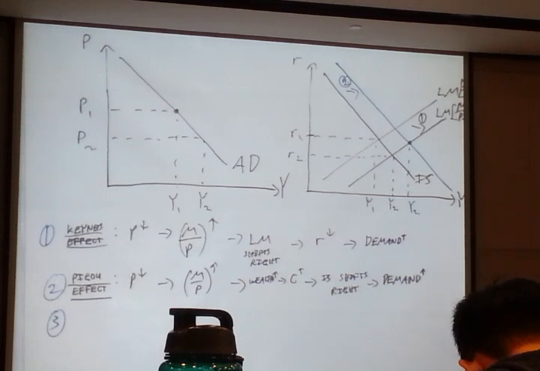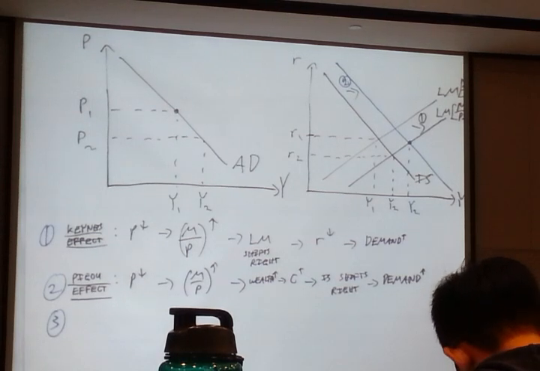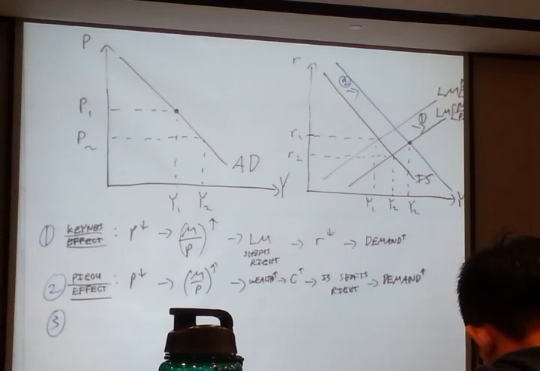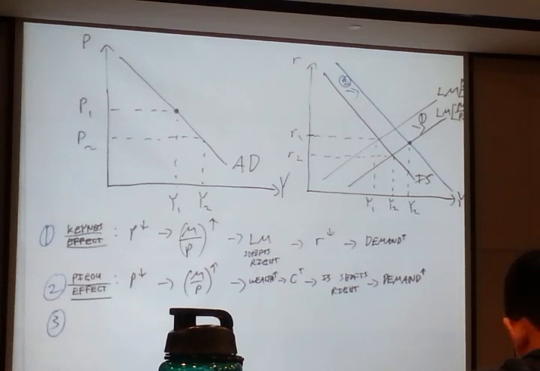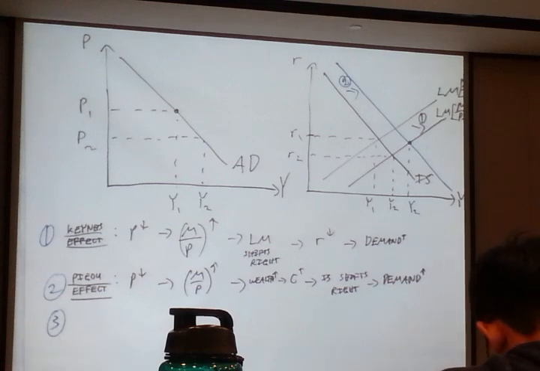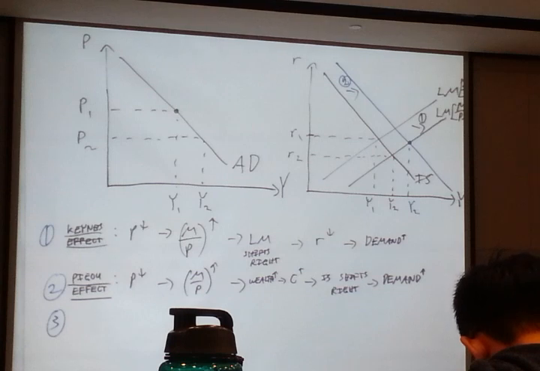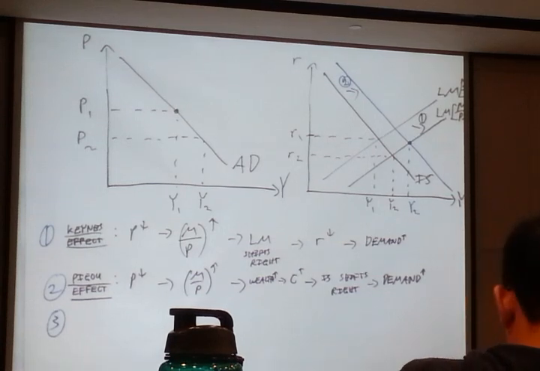Can someone shout out what it is? Exchange rates, competitiveness. Indeed. And this is the easiest one to understand because it's just like micro. A good gets cheaper and people buy more of it.